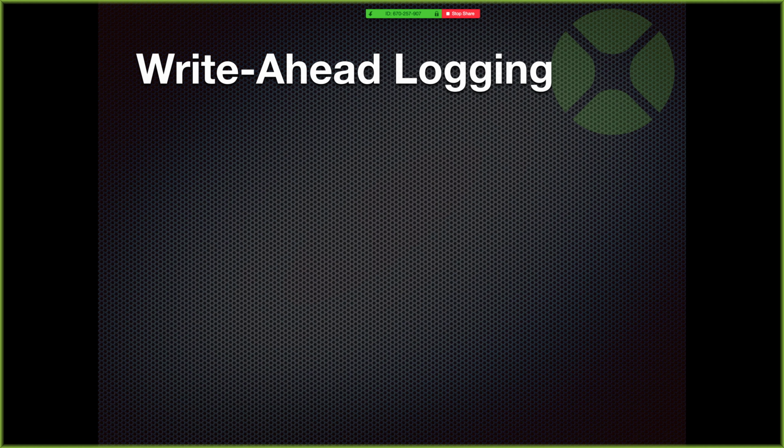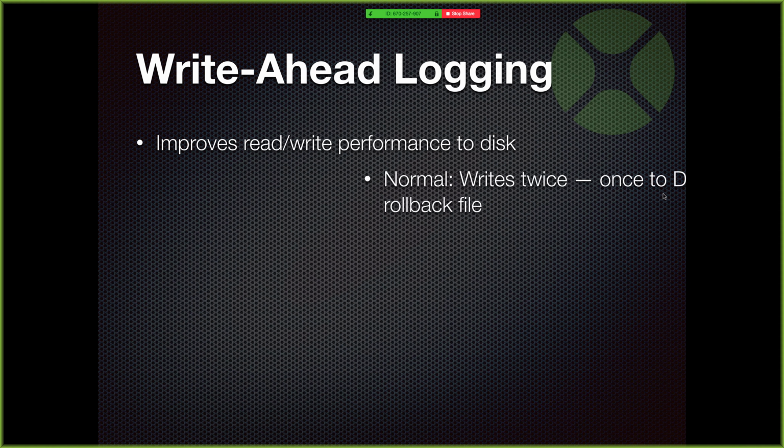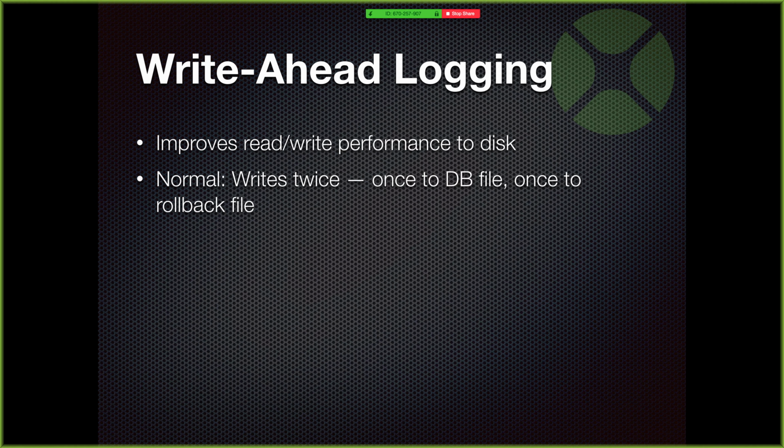So the first thing, write-ahead logging. What is this? Well, this improves the read-write performance to disk. Normally, when you use SQLite and you make changes to your database, this writes to the disk two times: once to the actual database file, and then once to a rollback file. And obviously, writing to a disk twice is more expensive than writing to the disk once.